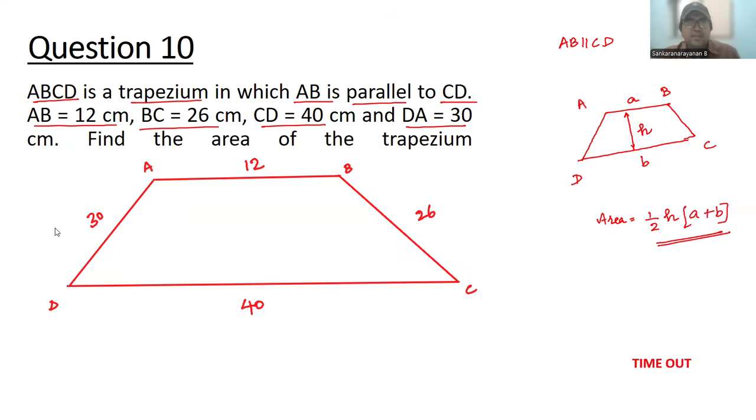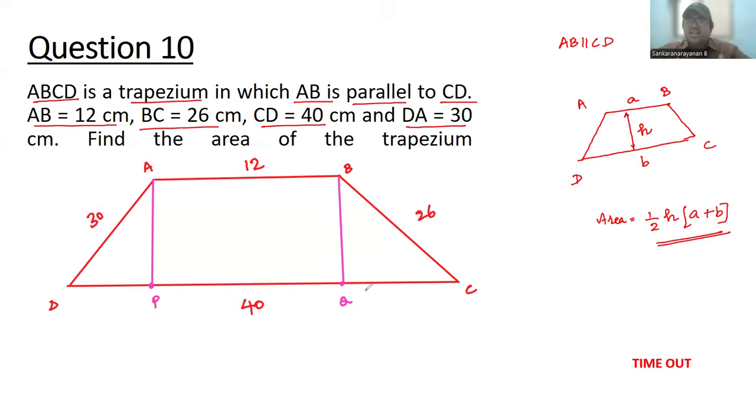I'm going to draw something from A towards CD, from B towards this CD. Okay. So that is nothing but the height, right? Let me say that A touches the point here at this P. Okay. It touches the point here, let me say at this point Q.